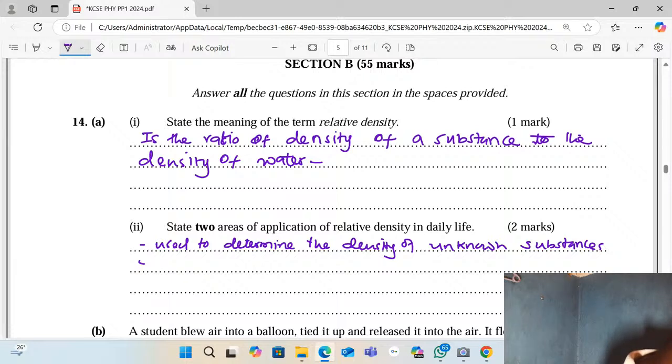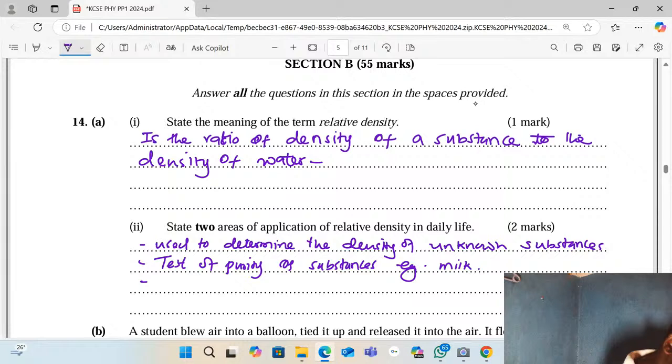Number two, we have the test of purity of substances. And in this case, we have milk, which is highly tested.